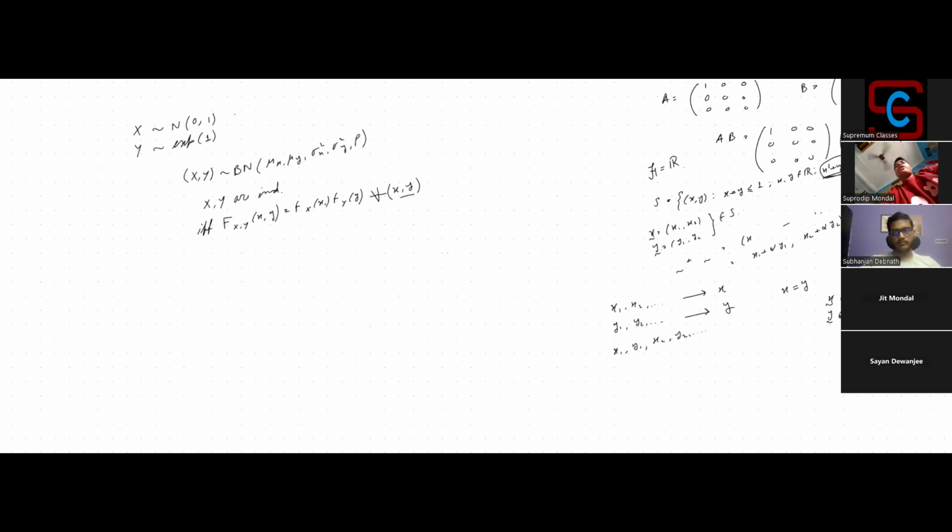As of now, I can't remember any other bivariate distributions. I have studied only bivariate normal and multinomial distribution and nothing further. So we came to the conclusion that covariance zero implies x and y are independent for bivariate normal, but it's not always true for other distributions.